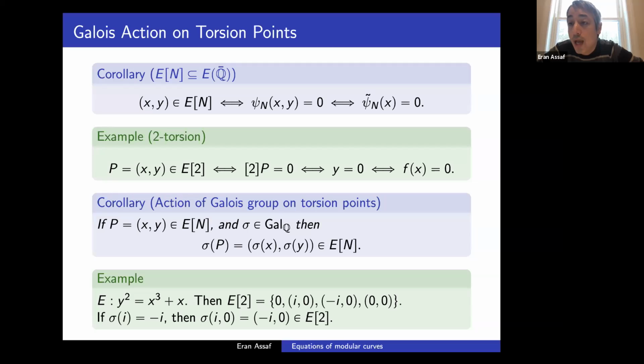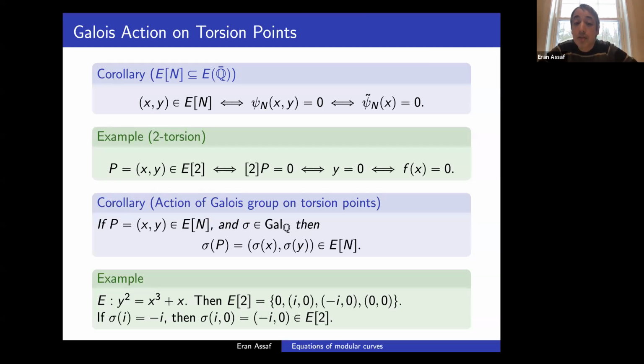Now, if we have an automorphism of the algebraic numbers, an element of the Galois group, then it either sends i to itself or to minus i, and it fixes 0. So if it sends i to itself, it fixes all the points here. And if it sends i to minus i, then it will interchange the 2 points (i, 0) and (minus i, 0).